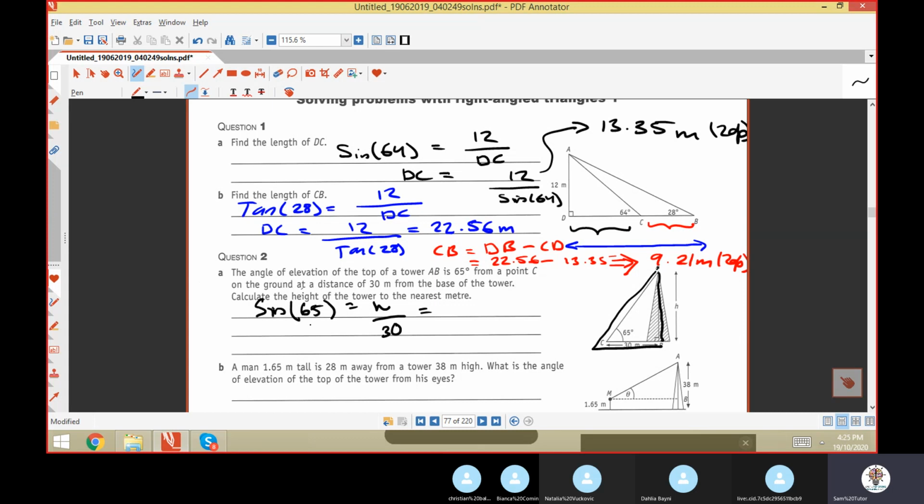How do you feel? What is that? 64, 28, 12. The question says we have to find this piece here. The 20. Okay. That's opposite, that's unknown, that's over.